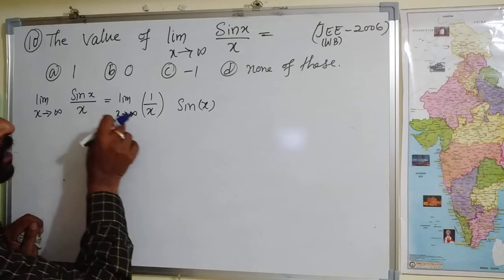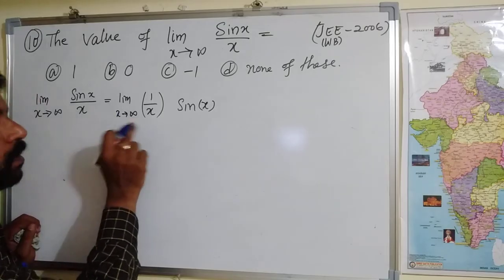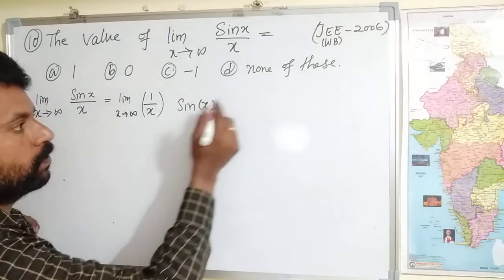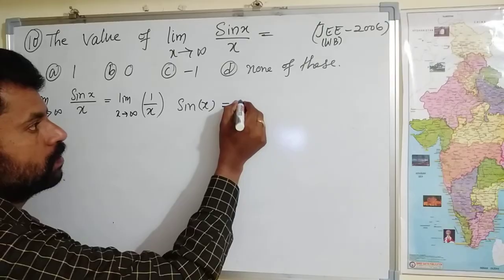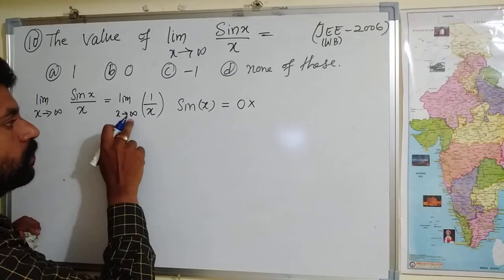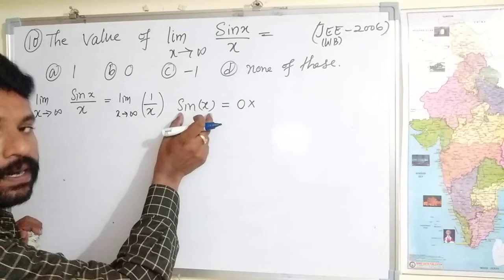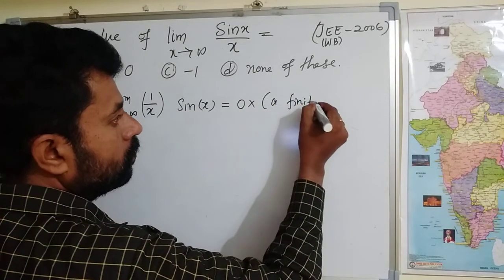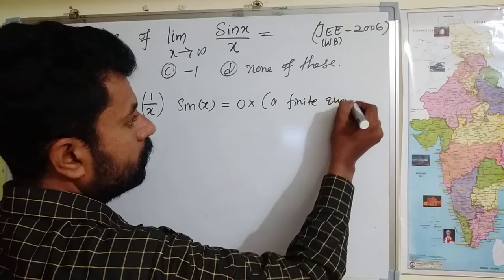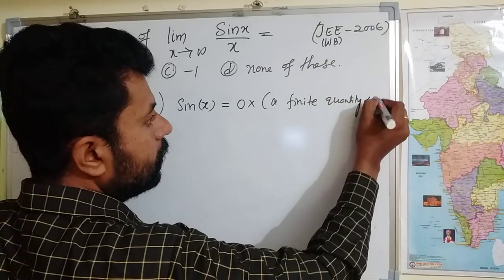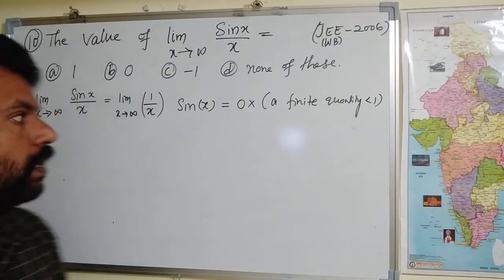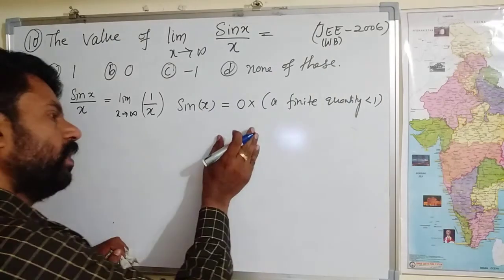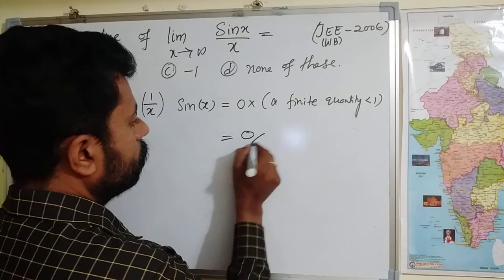As x approaches infinity, substitute infinity in the place of x, 1 by infinity is 0. 0 into sine of infinity, which is a finite quantity, a value less than 1. So 0 into that term is 0.